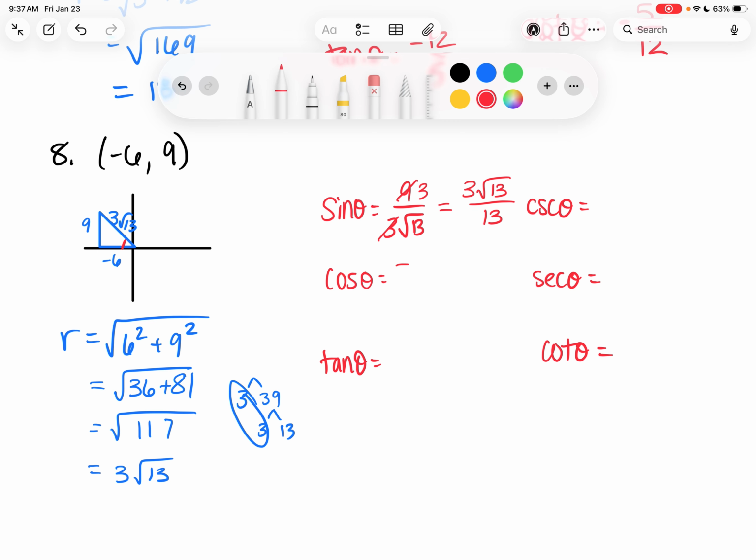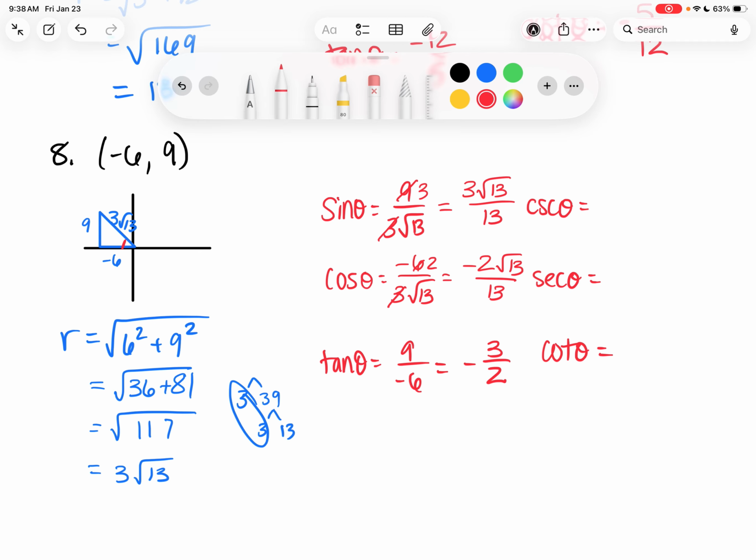Negative 6 over 3 root 13. 3 goes into 6 twice. So I'd have negative 2 root 13 over 13. Tangent is 9 over negative 6, which is negative 3 over 2.